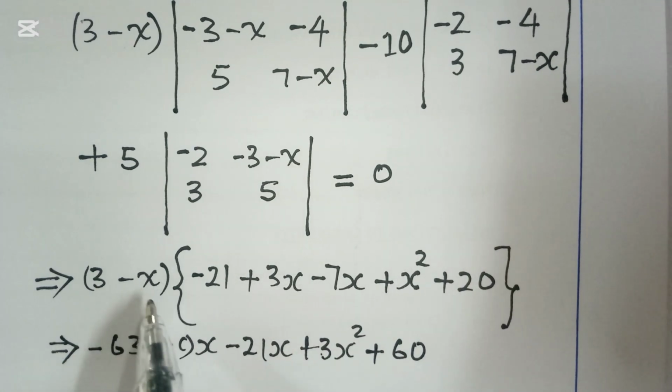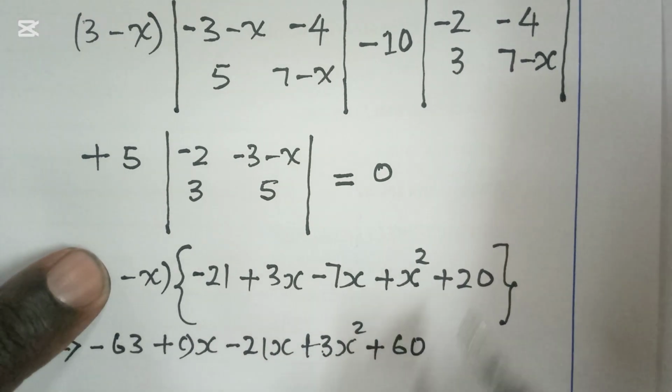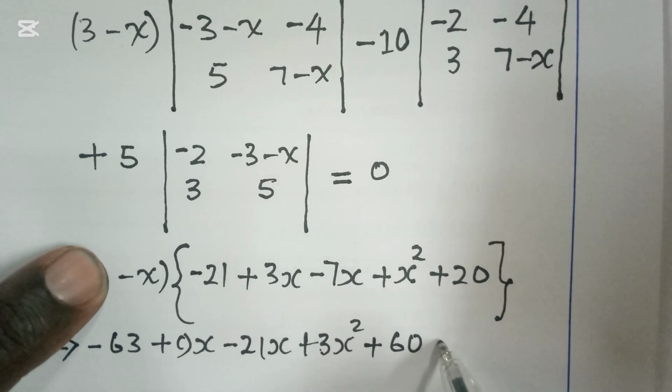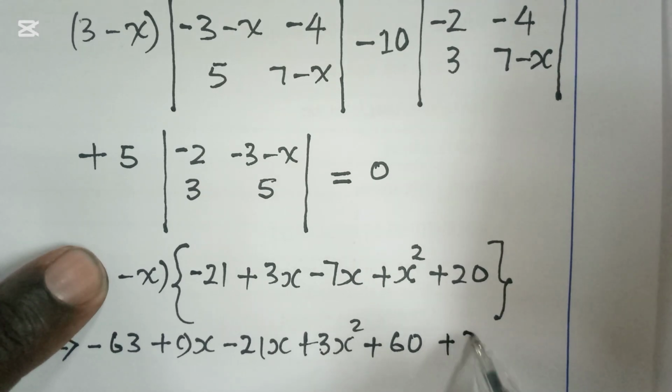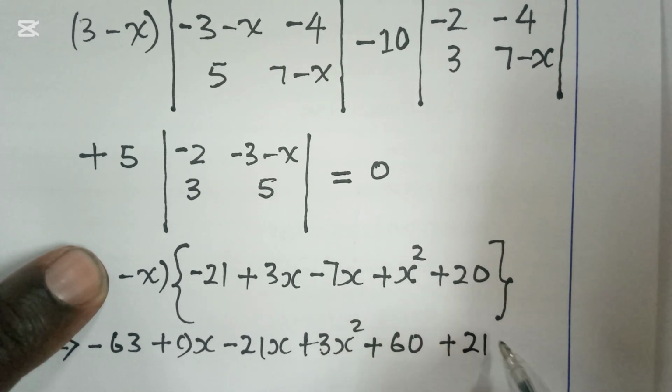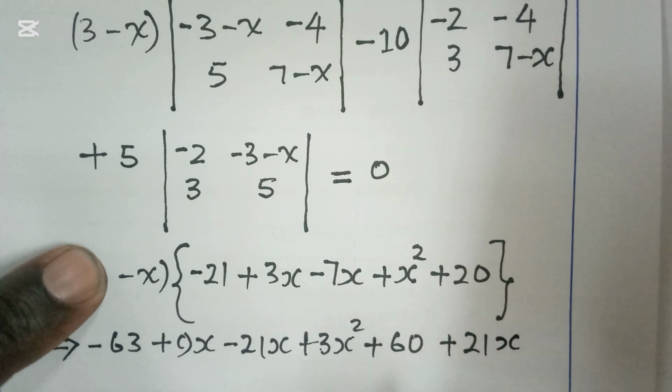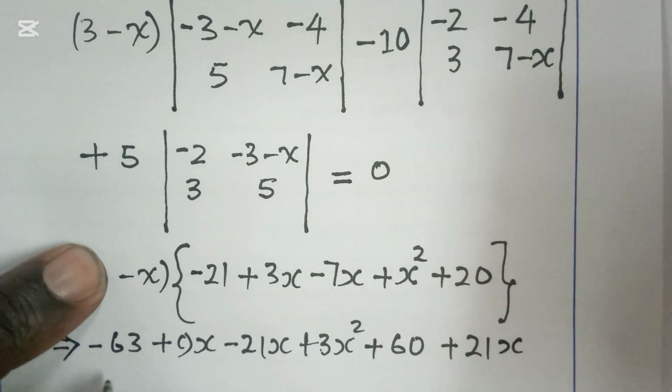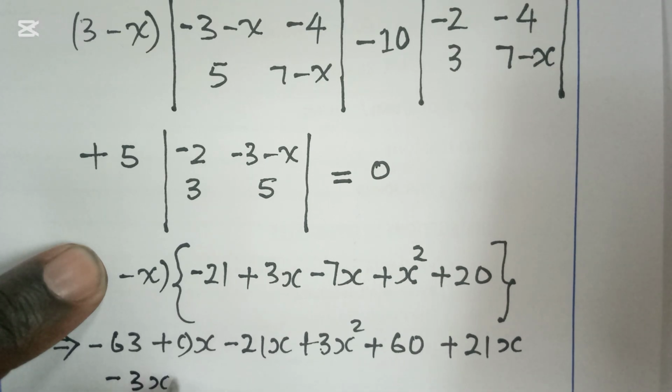Then we come now to x. For x, we are going to have plus 21x. Then we have here is going to be minus 3x squared. Then we are going to have plus 7x squared.